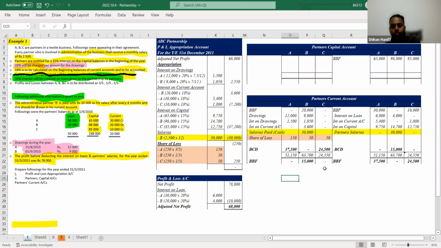So that is how we prepare the profit and loss appropriation account.